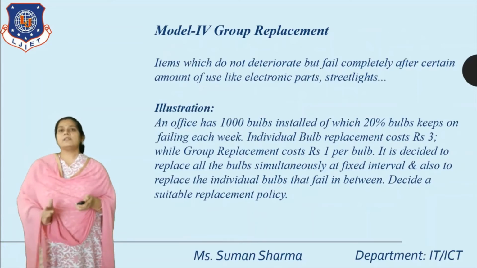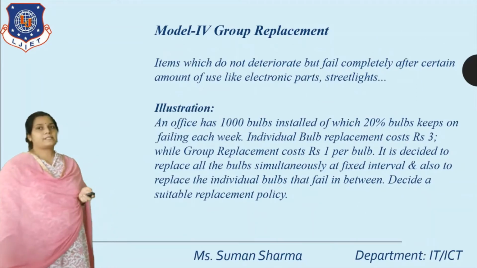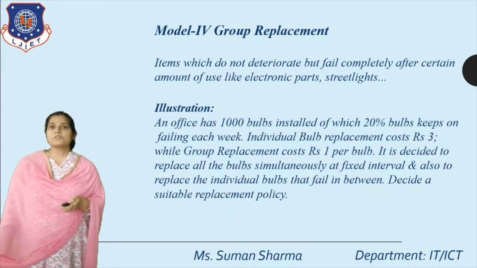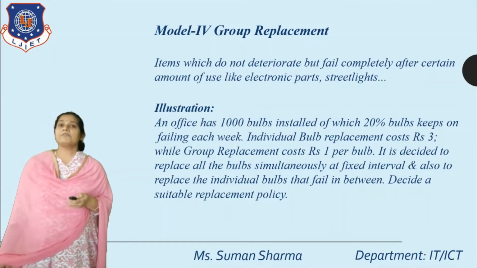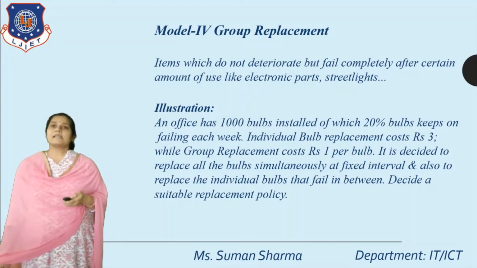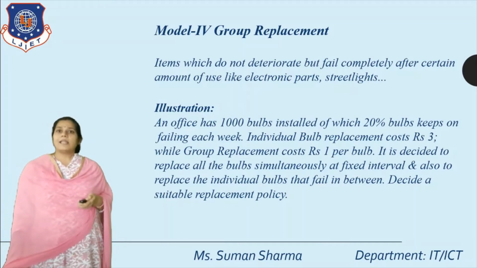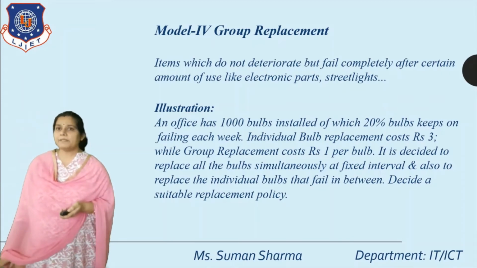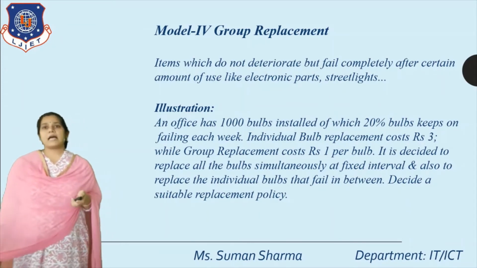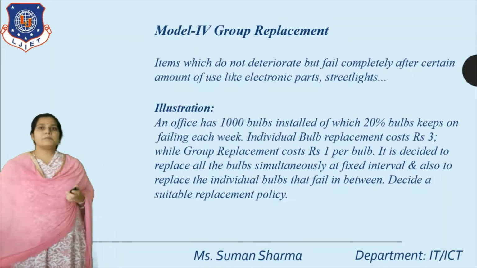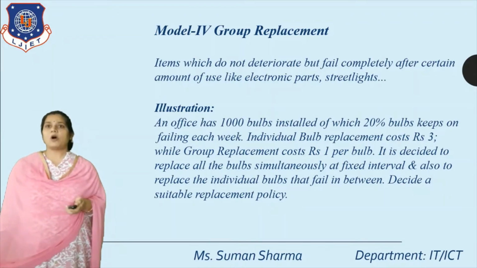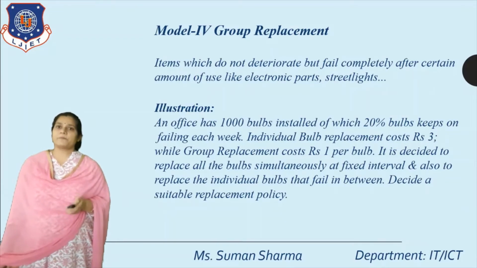And model 4 is the group replacement. So what is a group replacement? Group replacement means the items which do not deteriorate but fail completely after a certain amount of use, like electronic parts, street lights. The example is an office has 1000 bulbs installed, of which 20% keep on failing each week.